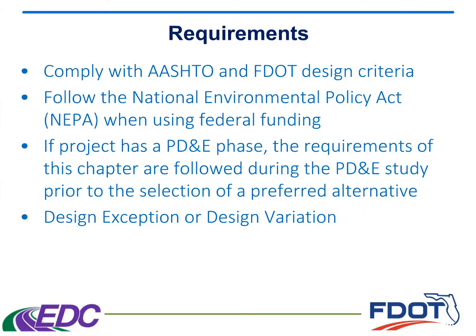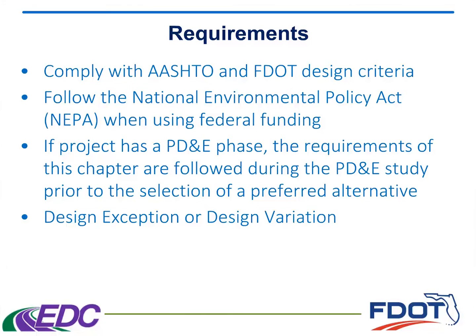Some of the requirements that you need to keep in mind when submitting a lane elimination project is that the project needs to comply with AASHTO and FDOT design criteria. It must follow NEPA, or the National Environmental Policy Act, when using federal funds. If the project has a PD&E phase, the requirements of this chapter, the FDM 126 chapter, must be followed during the PD&E study prior to the selection of a preferred alternative.